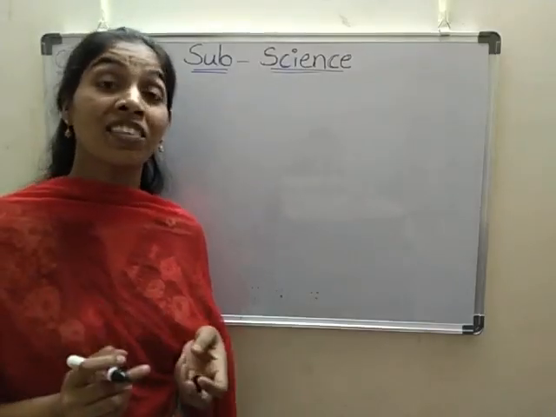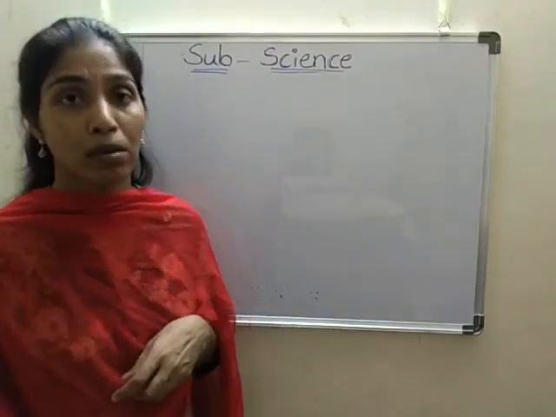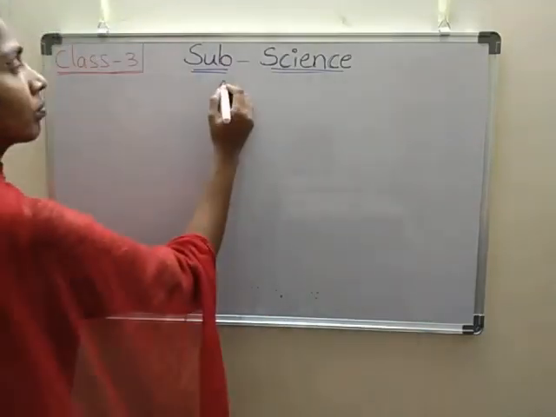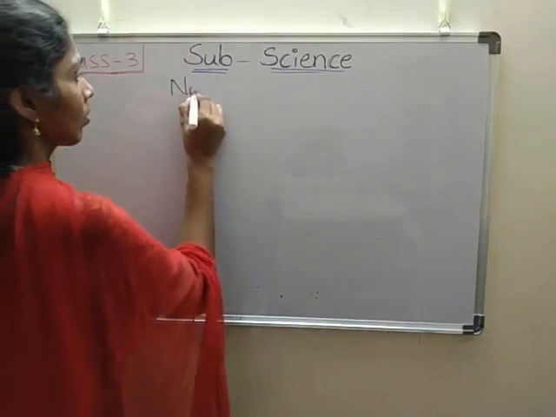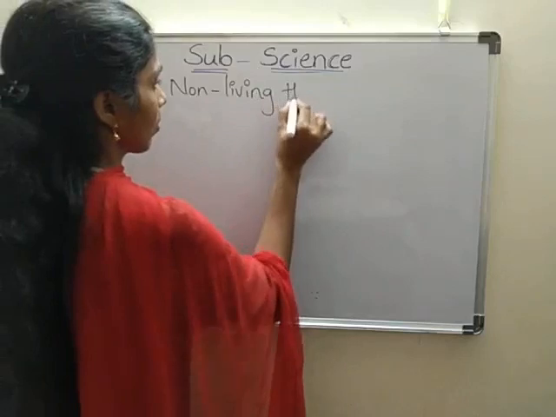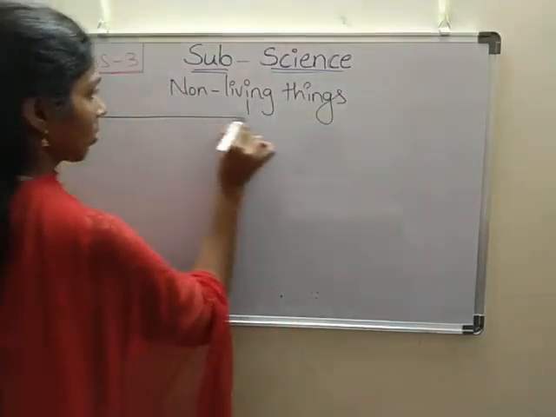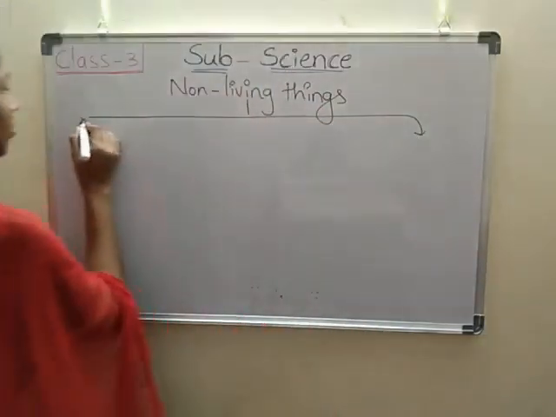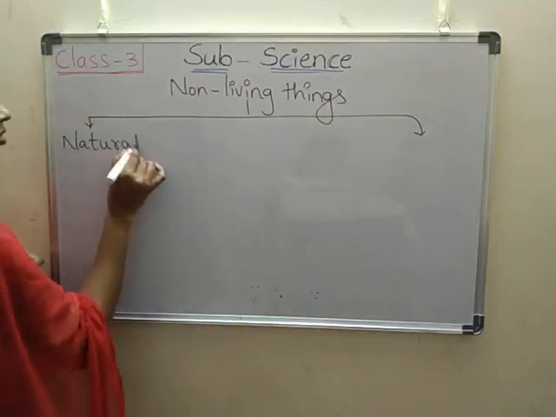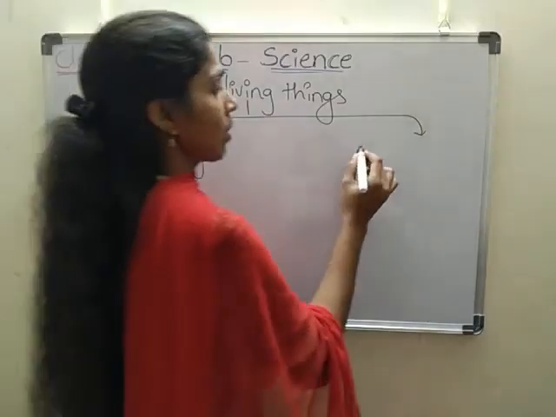Children, non-living things can be of two types: natural things and man-made things. First we learn about natural things.